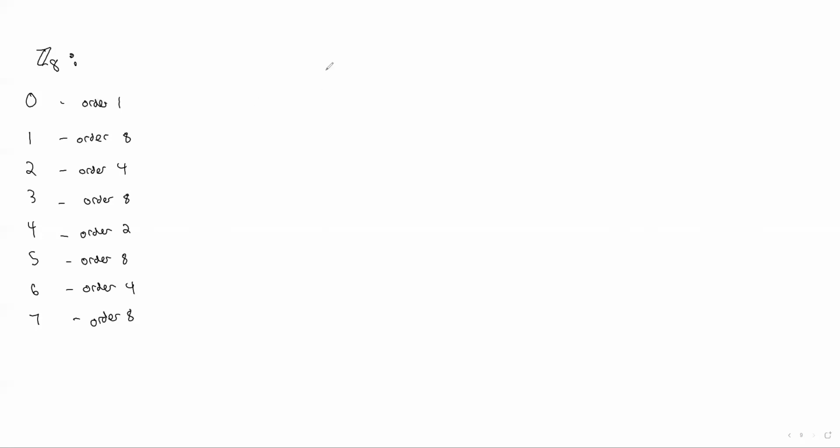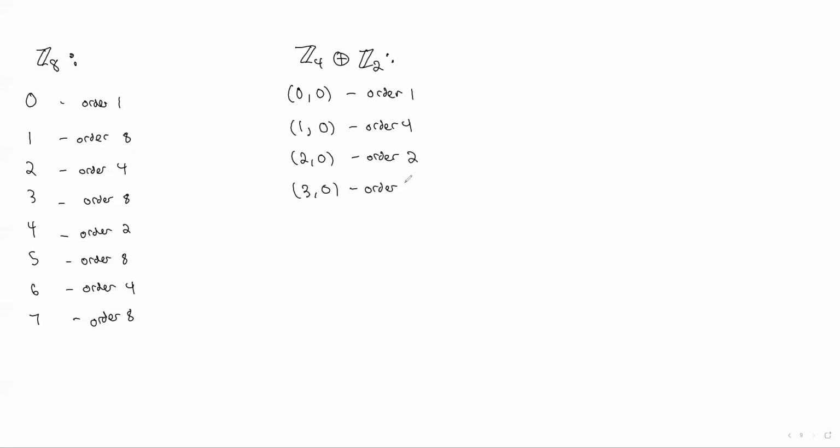Now, Z4 plus Z2 does not look like that. There's the element (0, 0), which again is the identity, so it has order 1, not very interesting. But what about (1, 0)? That has order 4. What about (2, 0)? That has order 2. What about (3, 0)? Again, order 4.